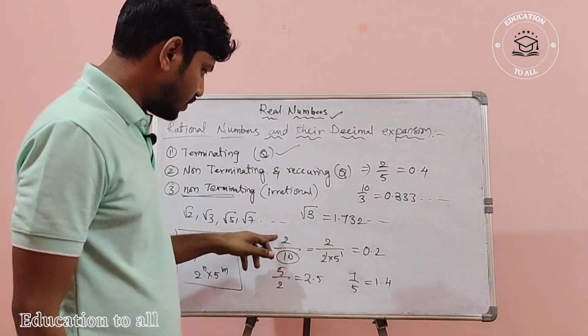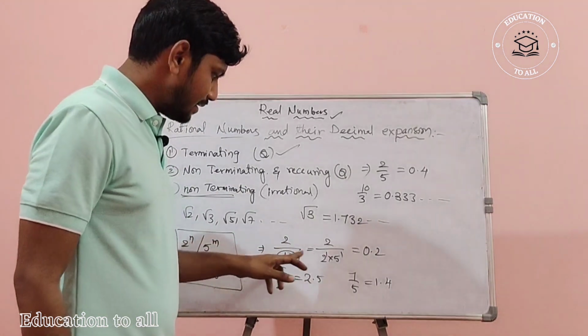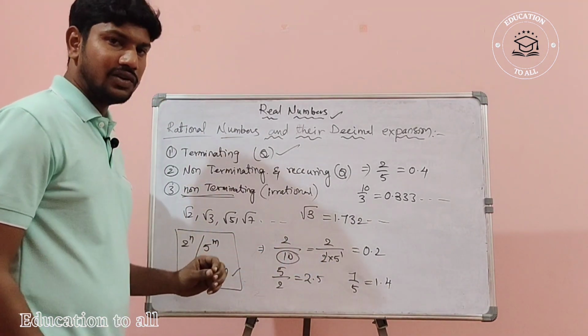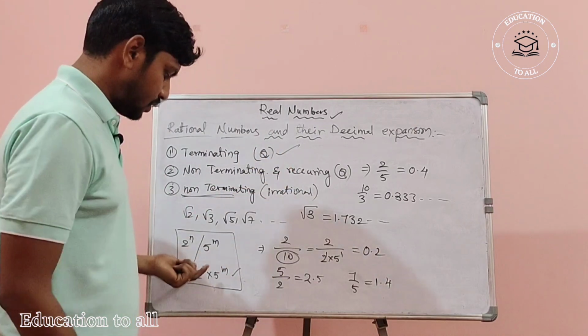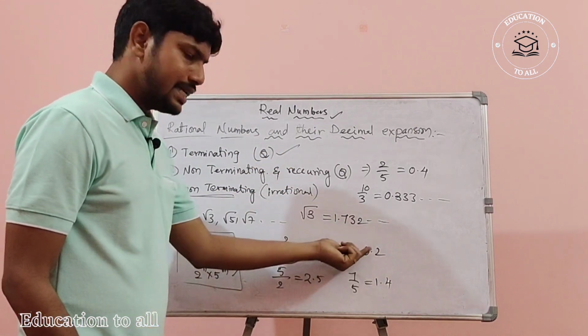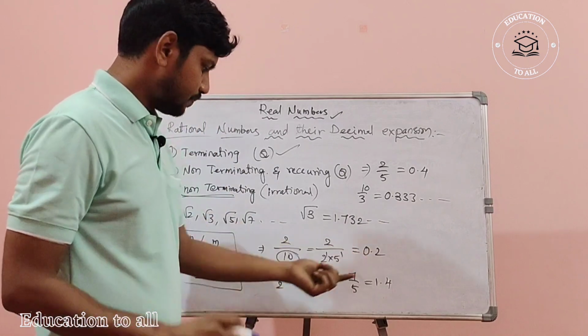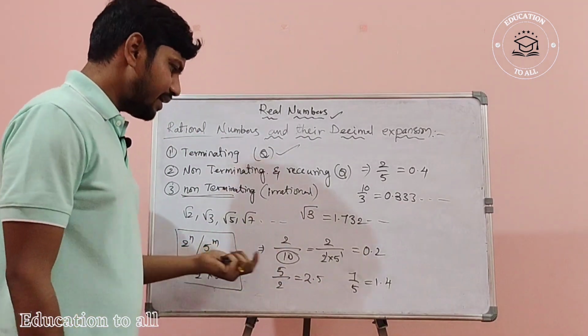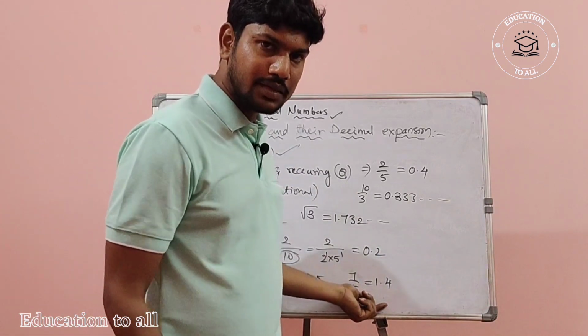In the simple example 2 by 10, 10 contains 2 and 5. In the third condition, 2 and 5, m and n values can be any integer. Here with 2 and 5 the decimal stops somewhere, and with only 2, that also stops, and with only 5, that also stops somewhere.